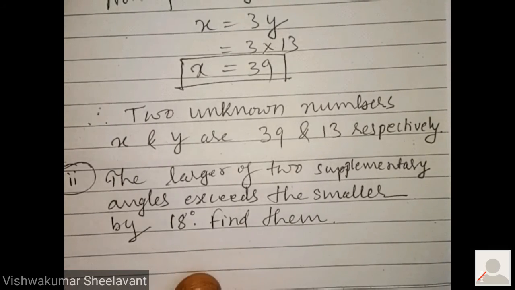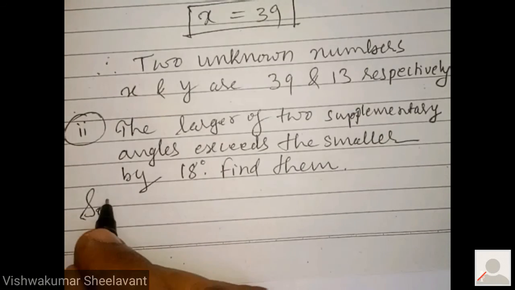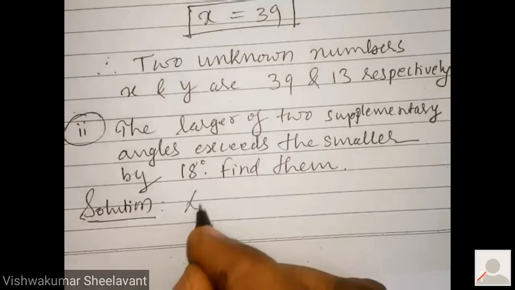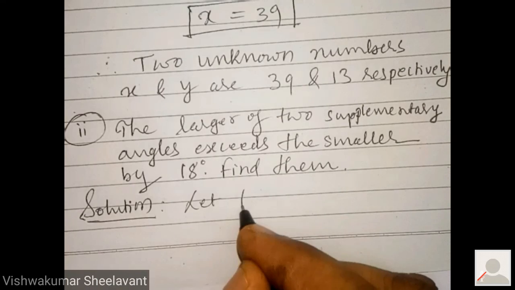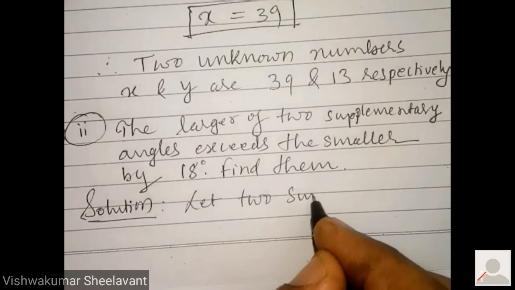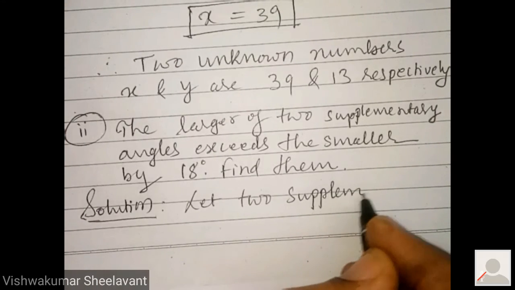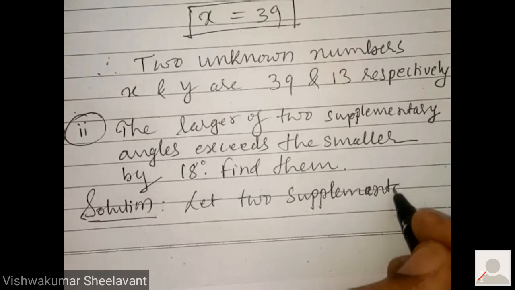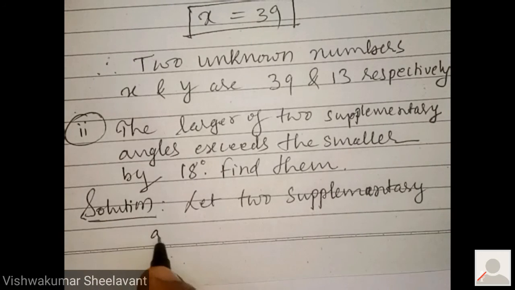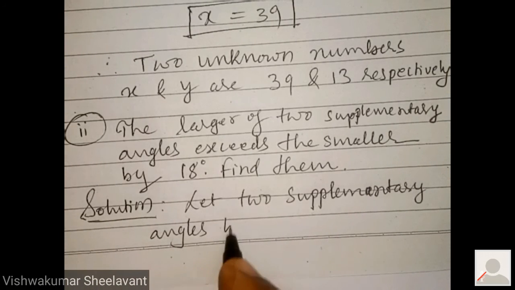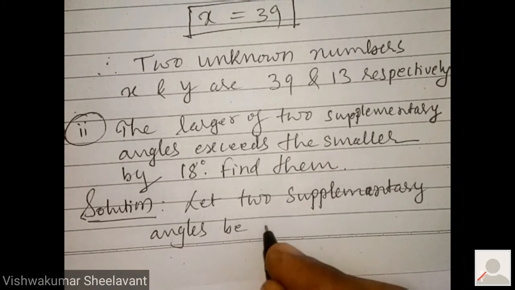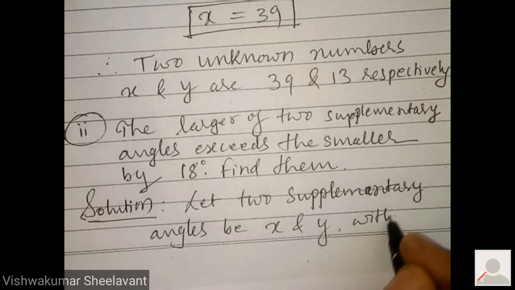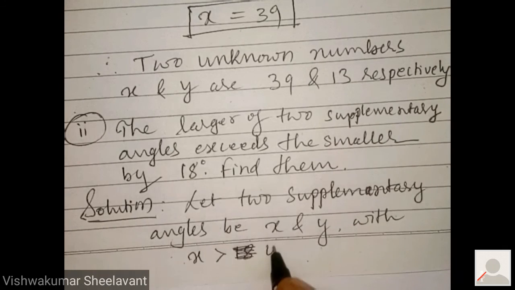Find them. Solution. Let two supplementary angles be x and y, with, we'll write x greater than y.